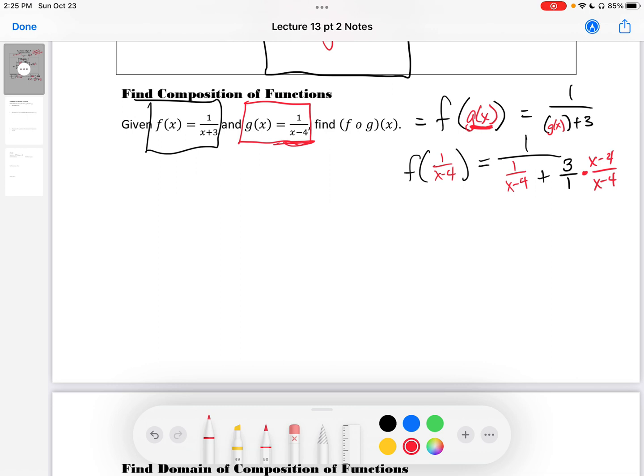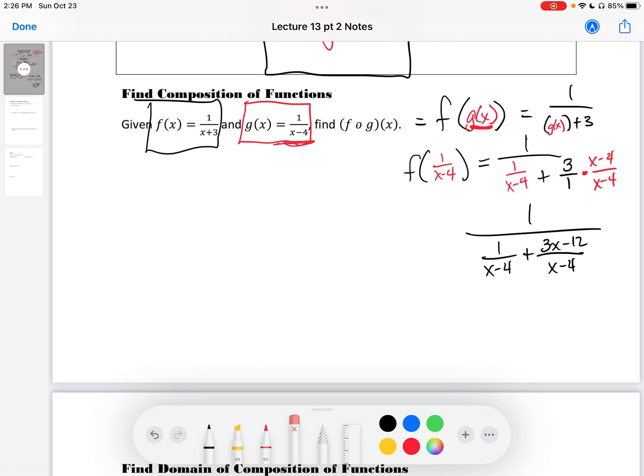Now their denominators are the same. We have a 1 over x minus 4 plus a 3x minus 12 over x minus 4. Okay? These have the same denominator.